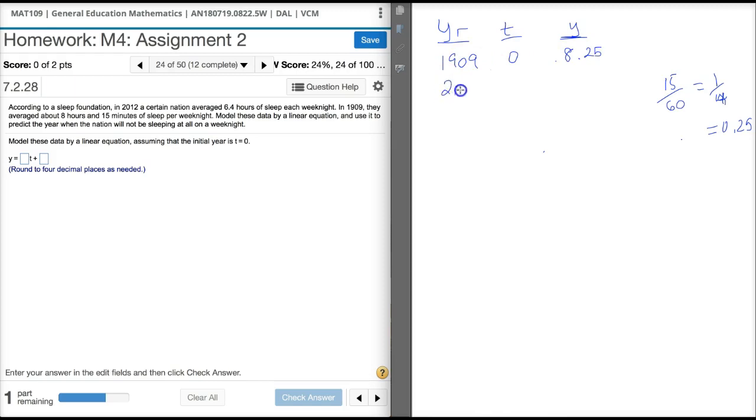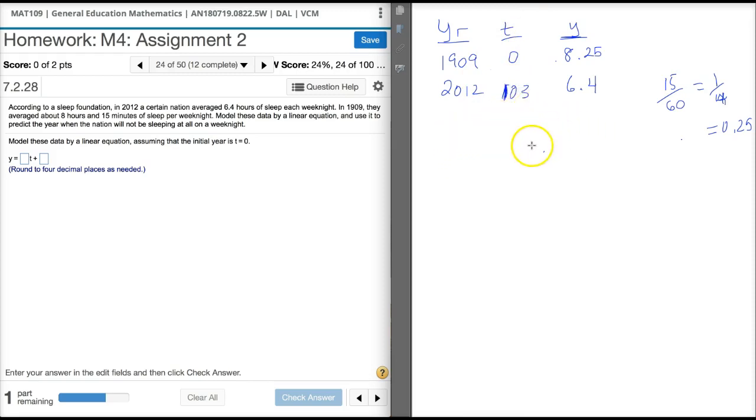Now, in the year 2012, they told us that they averaged about 6.4 hours. Now we need to figure out the difference between the years 2012 and 1909, and that's a 103-year difference.